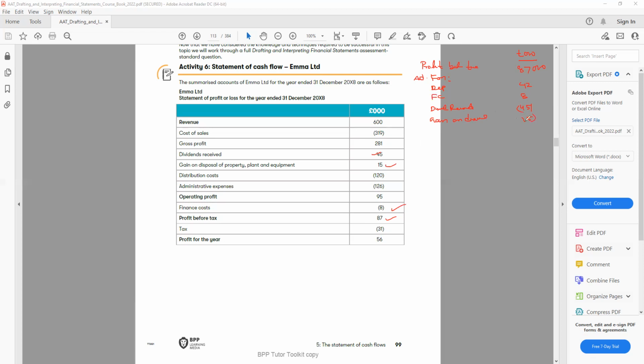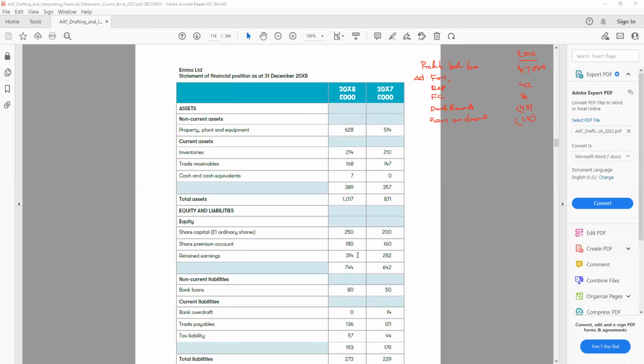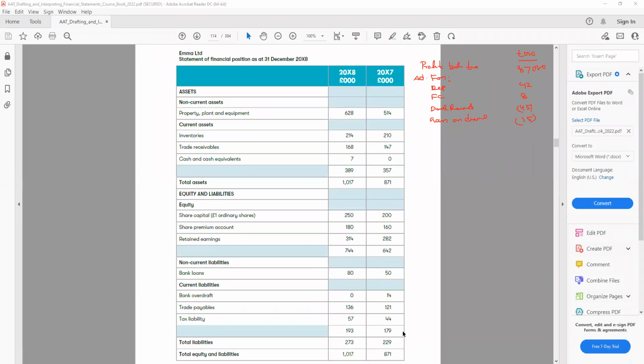And then after that we have to see our 3 adjustments, that is inventories, receivables, and payables. So if we go down and you look at inventories, payables, and receivables. The first one, you do inventory. In inventory, we can see it has actually increased, 210 to 214.